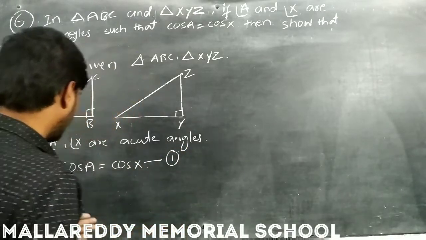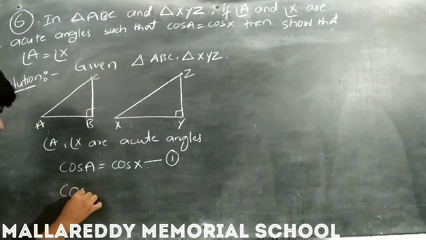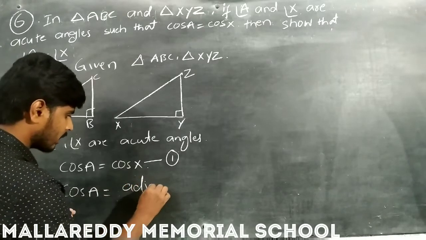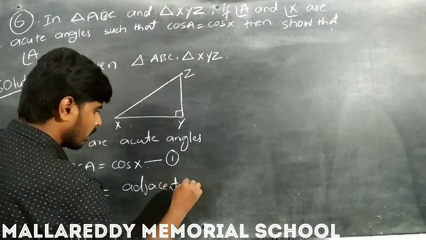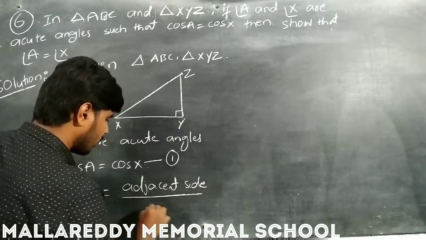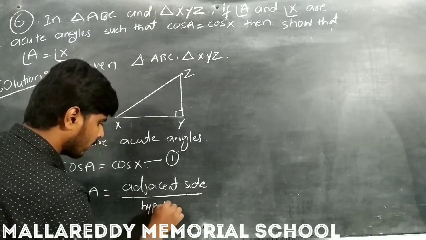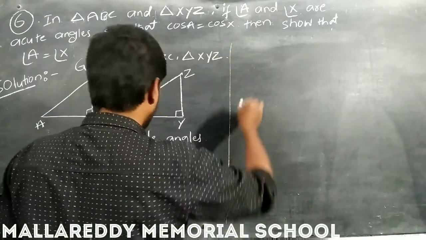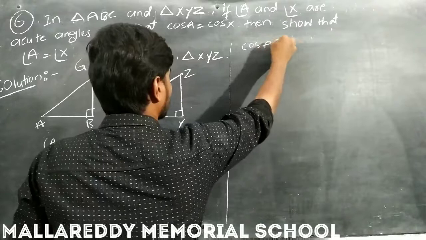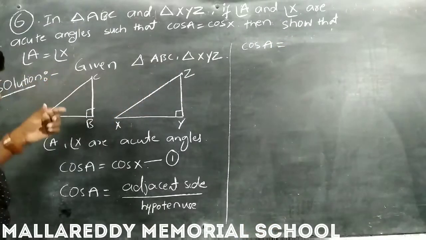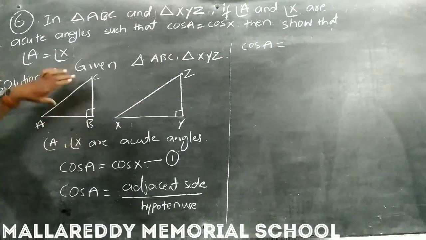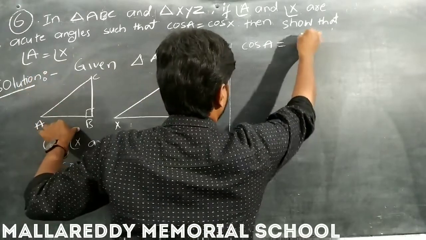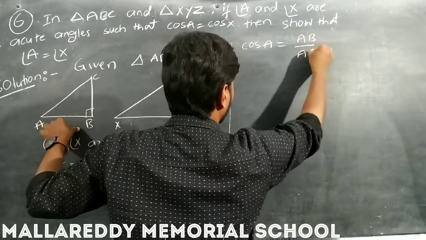So first of all we take the cos A ratio. What is the cos ratio? Adjacent side of angle A by hypotenuse. In triangle ABC, AB is the adjacent side and AC is the hypotenuse, so cos A is AB by AC.